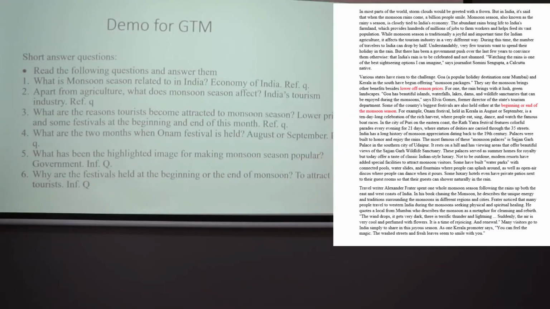Look at my answer. Lower prices and some festivals at the beginning and end of this month. Again, this question is called referential question. Why? Because it talks about the details of that reading passage.